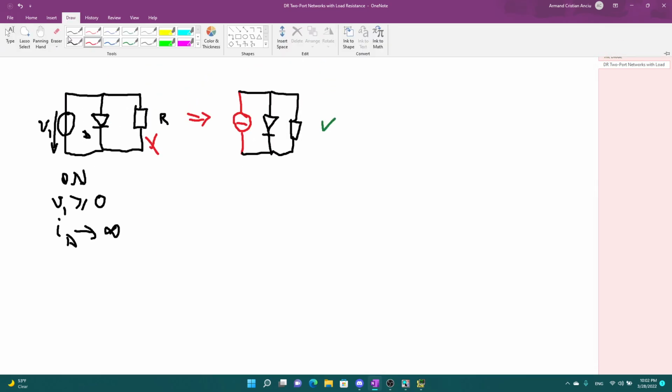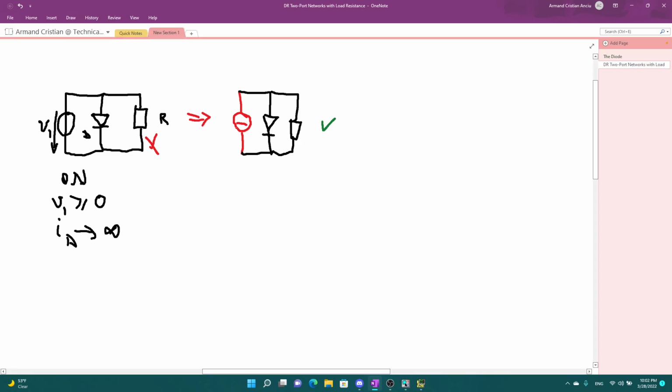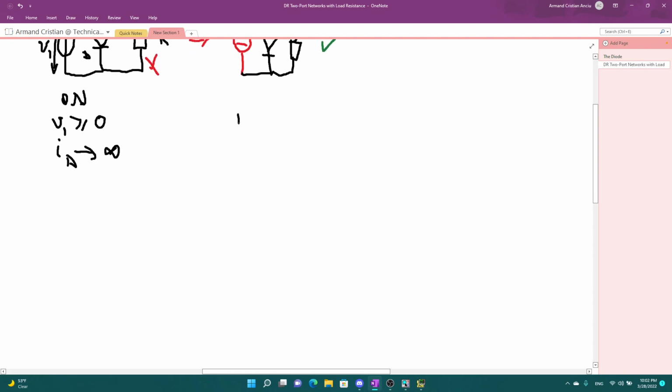But you should also be careful in how you connect current sources, so that they're not short-circuited. And by that I mean, imagine a current source connected in series to a diode.